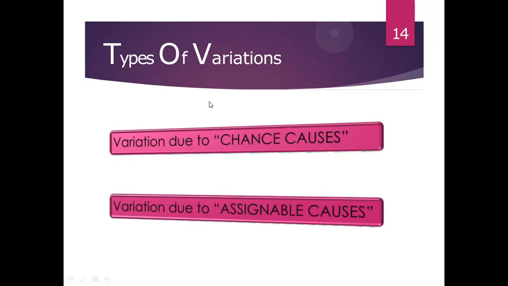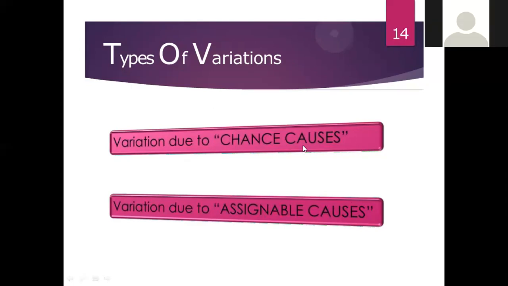So there are still small errors, but you have to accept it. If you ask any operations manager, they will tell you there will be small variation. They will accept it. Those are called chance causes. There are chances to have those errors because no one is perfect. Still, there will be small differences. That is called chance causes.